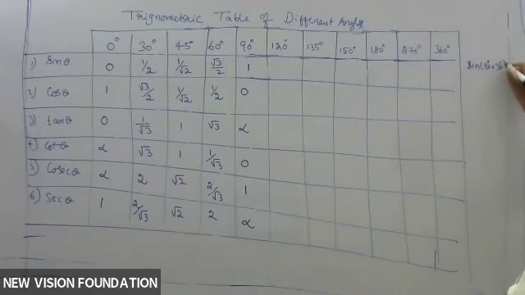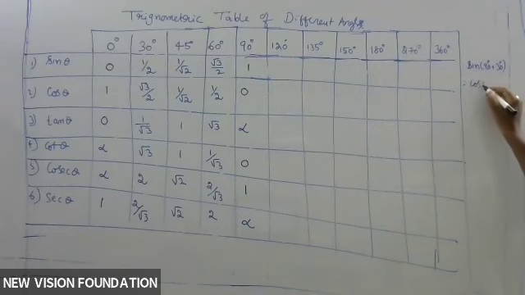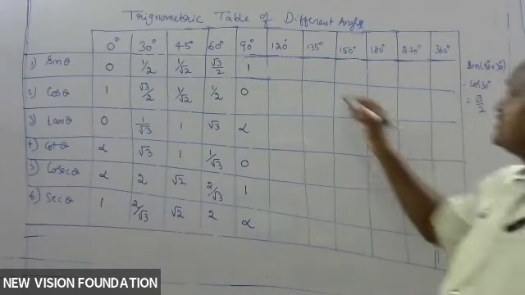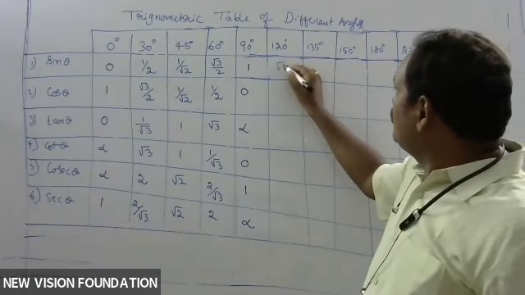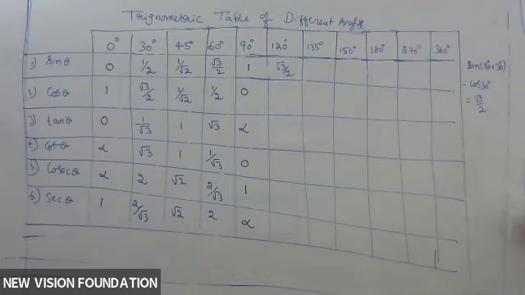You know the formula that sine of 90 degrees plus theta becomes cos theta, so this becomes cos 30 degrees. And cos 30 degrees value you know already: it is root 3 by 2. Therefore, sine 120 degrees is root 3 by 2. How? Sine 90 plus 30 becomes cos 30, that becomes root 3 by 2.